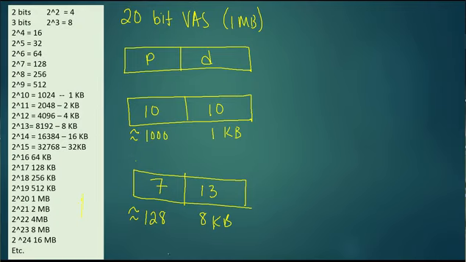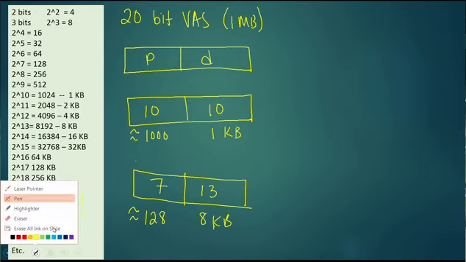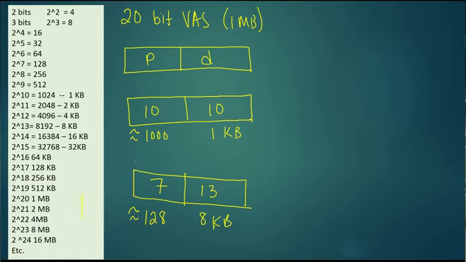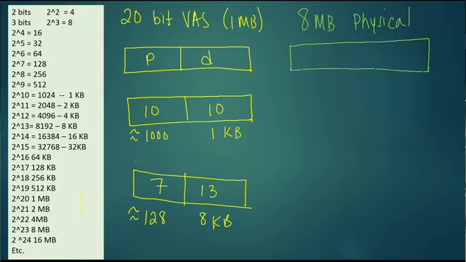So let's just say, for example, that we have 1 megabyte of virtual address space, and we're mapping to 8 megabytes of physical address space. We're going to use 23 bits for 8 megabytes, and we're going to break it up into frame number and displacement within the frame.